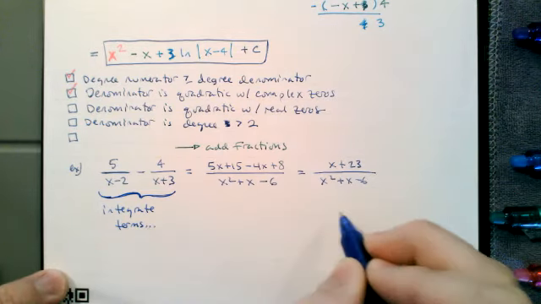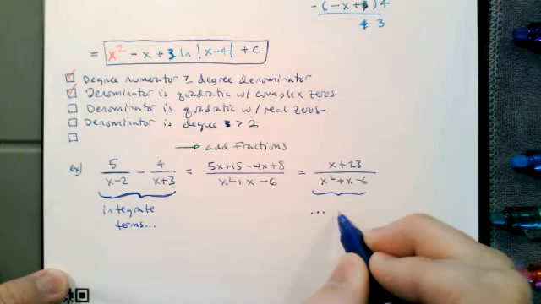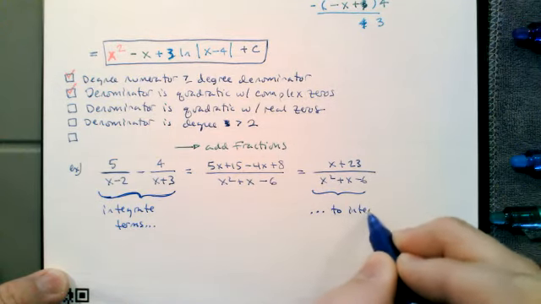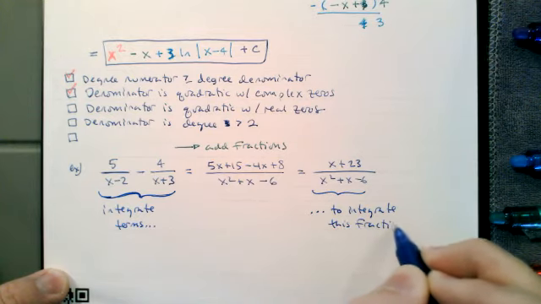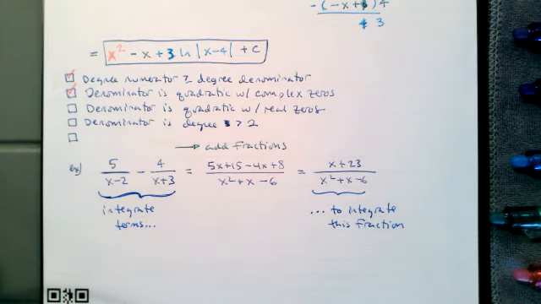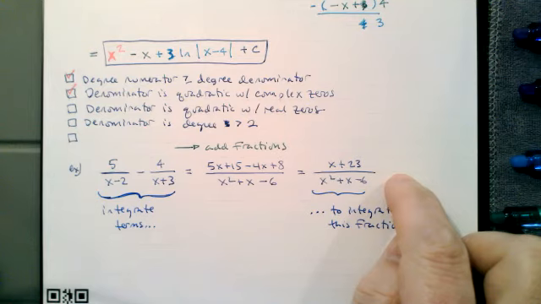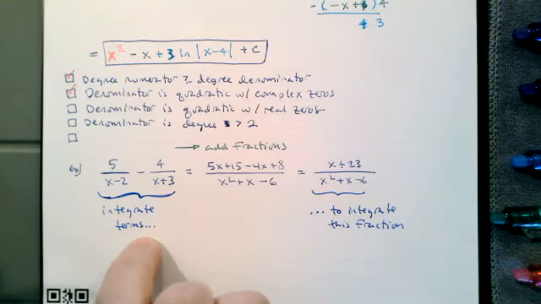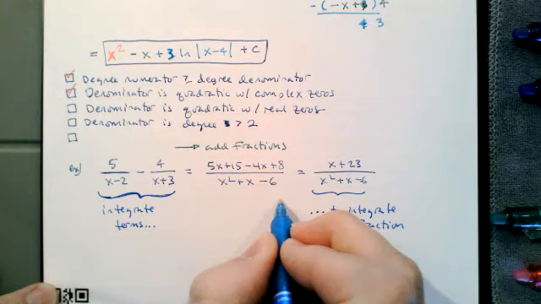Integrating terms is better than integrating this fraction. So our strategy to integrate this rational function is going to be to try to write it with terms. We'll notice that the denominator here has real zeros, and that's going to allow us to integrate these terms. So what we need to learn is how to add fractions, but in reverse. And that's a process called partial fraction decomposition.